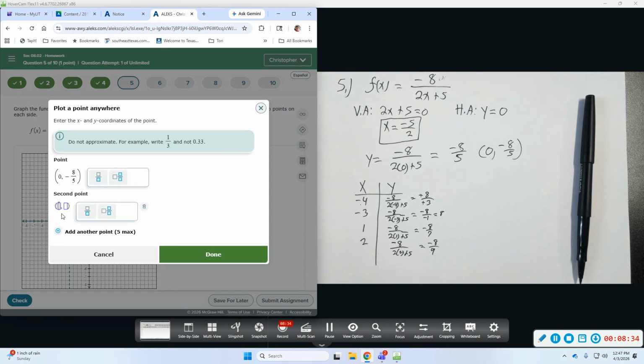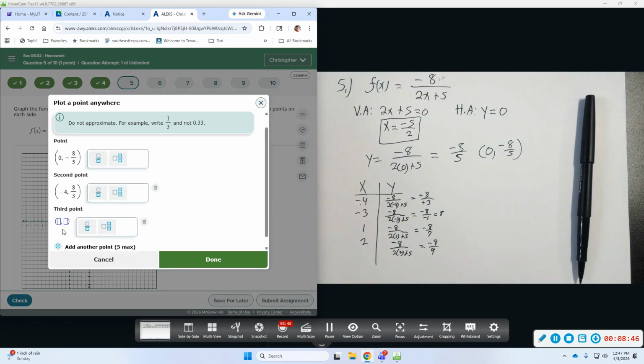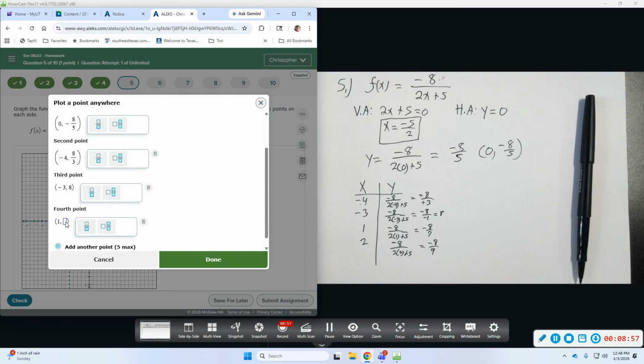And then I'm going to add another point, and we're going to do (-4, 8/3). We're going to do (-3, 8). We're going to do (1, -8/7).